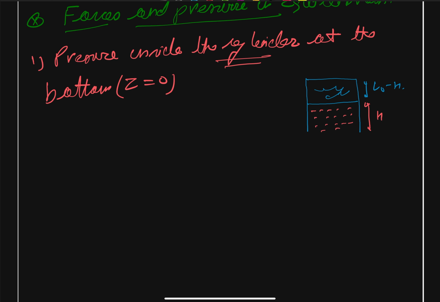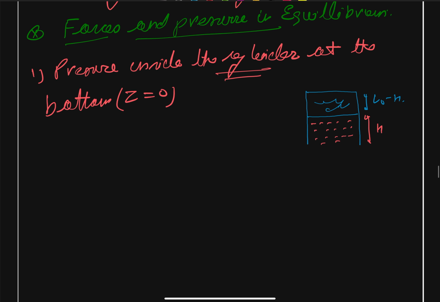And the pressure inside the cylinder at the bottom, we can say, will be equal to pressure P plus rho g h. Okay.